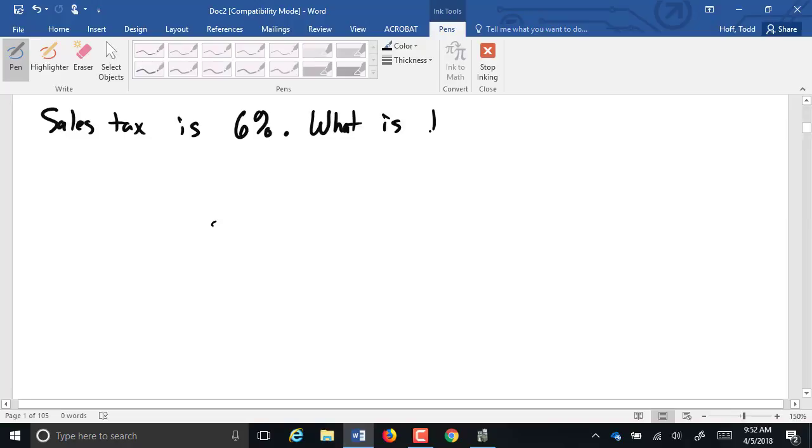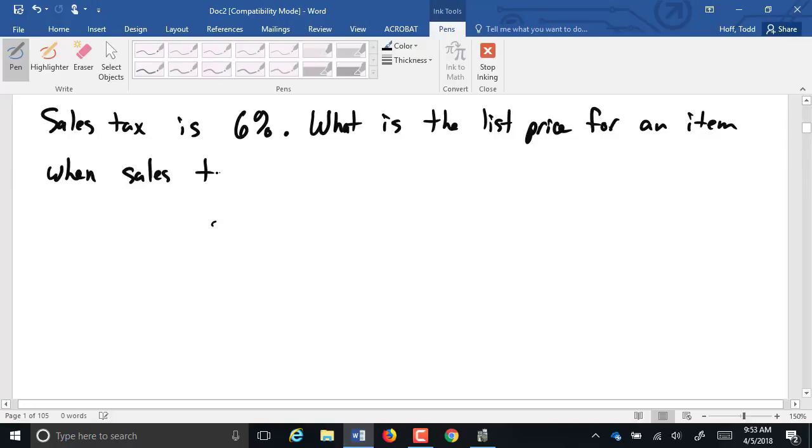What is the list price for an item when sales tax is $20.40?